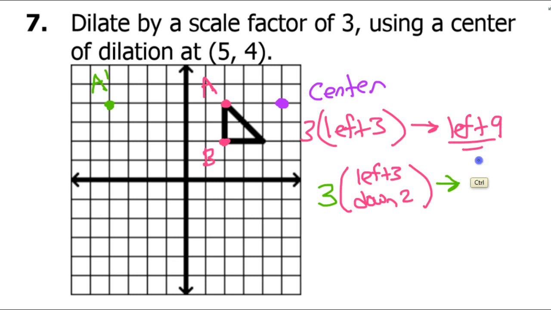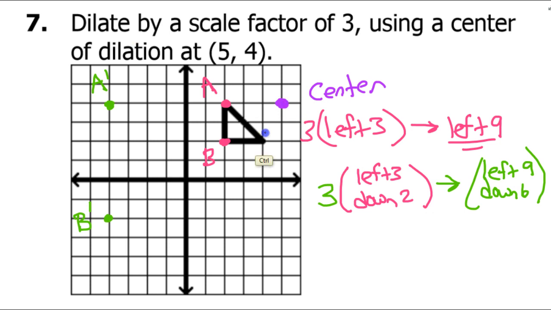So this is going to turn into left 9 and down 6. I'm just multiplying every motion by the scale factor. So if I go left 9 and down 6 from the center, left 9 is the same thing I did before for point A, but now I'm also going to go down 6. Here's 4, 5, 6. So this is going to be point B prime. I went left 9, down 6 from the center.